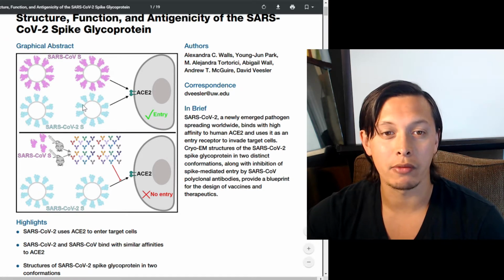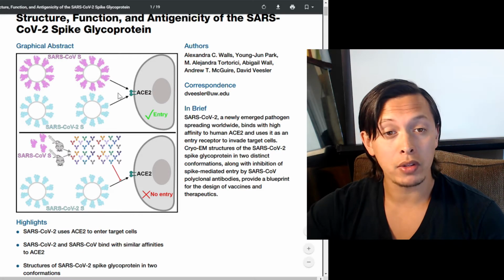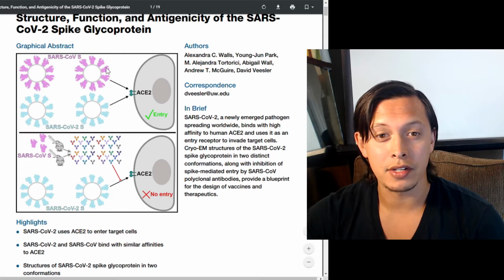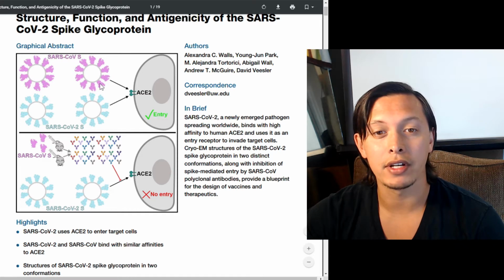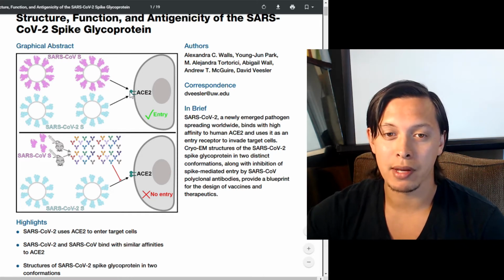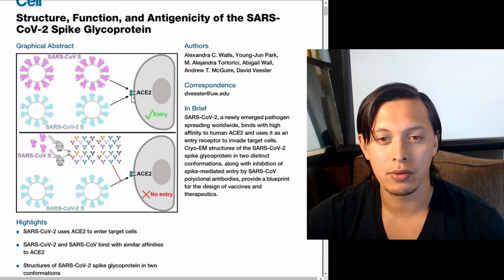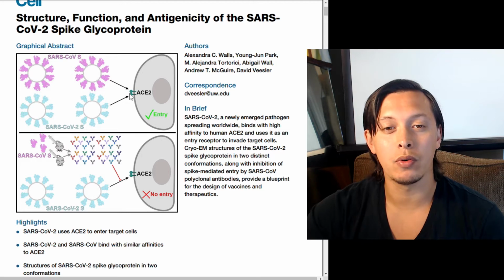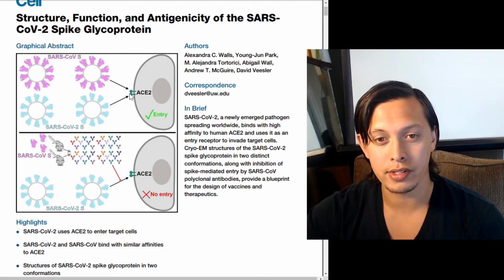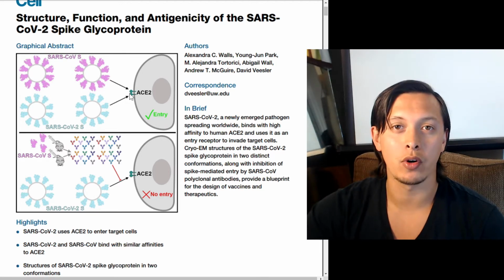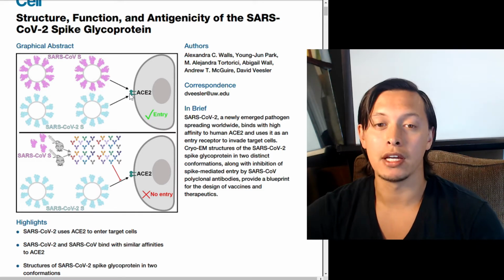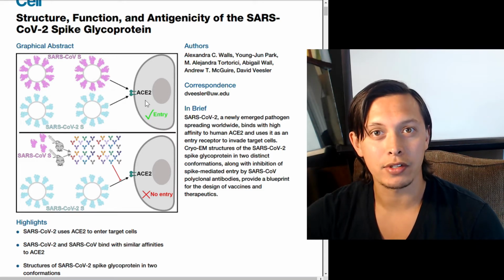For both of these viruses, the spike proteins interact with the same receptor, referred to as the ACE2 receptor. These viruses bind to the ACE2 receptor, and this is the way that they stick to the cells, which increases the likelihood of them being incorporated into the cell in the first place.